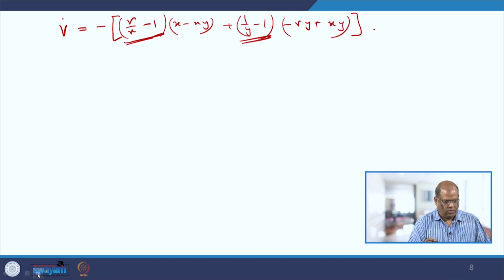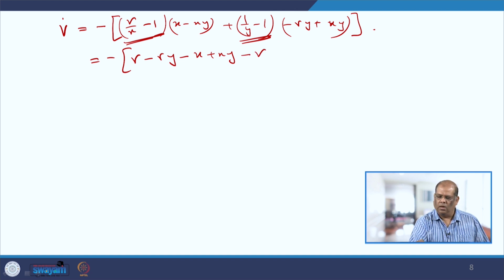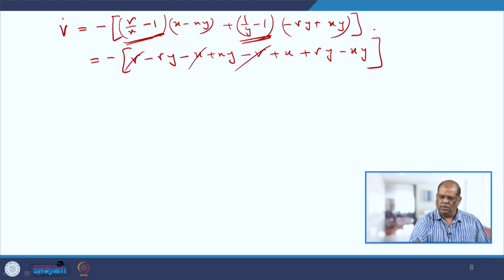If you simplify this, you will get gamma minus gamma y minus x plus xy, and this is again minus gamma plus x plus gamma y minus xy. If you see, this and this cancel, this cancels this, and you get this equal to 0.